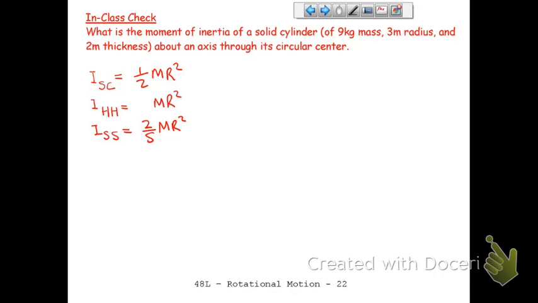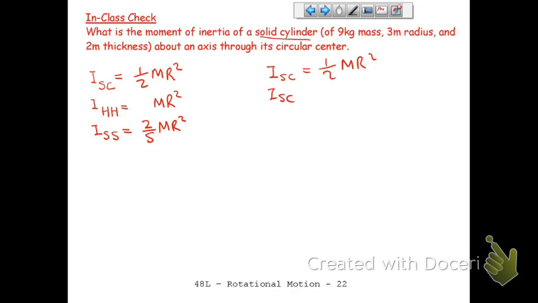Now the first one I might ask you to develop using the method of calculus as shown in class. But the other 2 I wouldn't. But they can come up in problems. So know these. And in this case it says, what is the moment of inertia of a solid cylinder? So I solid cylinder is equal to 1/2 mr squared.